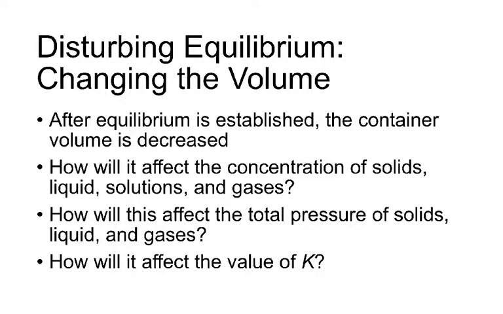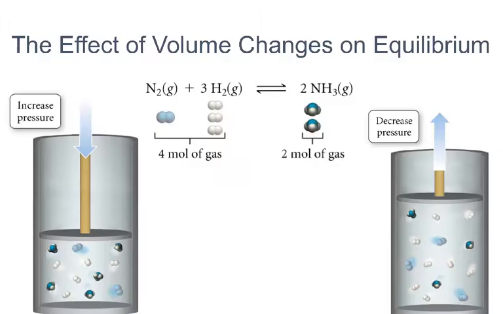But for gases, if you change your volume, you're going to change your pressure. Your value of K is not going to change, but in the gas phase, changing your volume changes your partial pressures, and you're going to shift to the side that has fewer gas molecules so you can reestablish equilibrium.